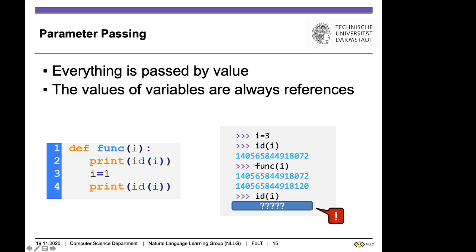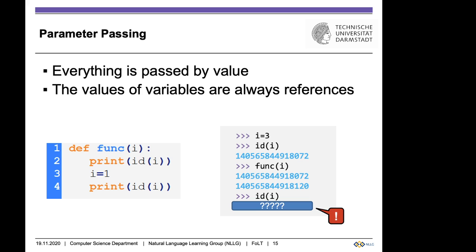When you create a particular variable, the Python compiler will allocate an available address in memory to store the value for that variable. For example, if you have a global variable i, which is assigned a value of 3, then you can use the id function to print the identity of this variable.